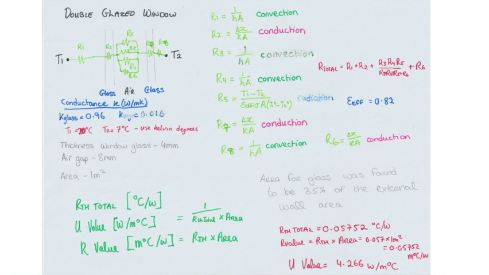So this means there is high heat loss through the windows. And then for our calculations further on, we combined the resistance for the windows with our external walls in parallel. So we said that the windows made up 35% of the outer face of our building.